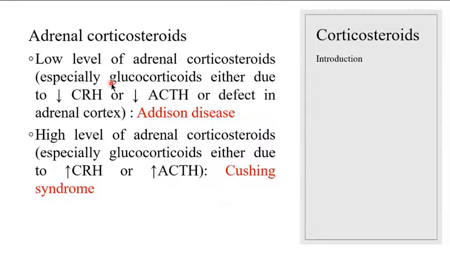CRH, that is corticotropin releasing hormone, is produced by the hypothalamus. Either due to less concentration of ACTH, or maybe due to any kind of defect in the adrenal cortex, which ultimately can lead to a low level of glucocorticoids in the body, leads to a disease known as Addison's disease.